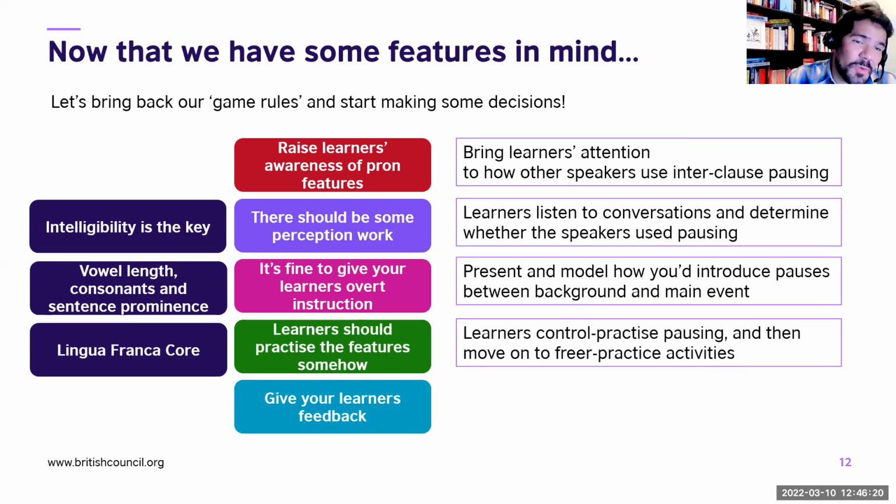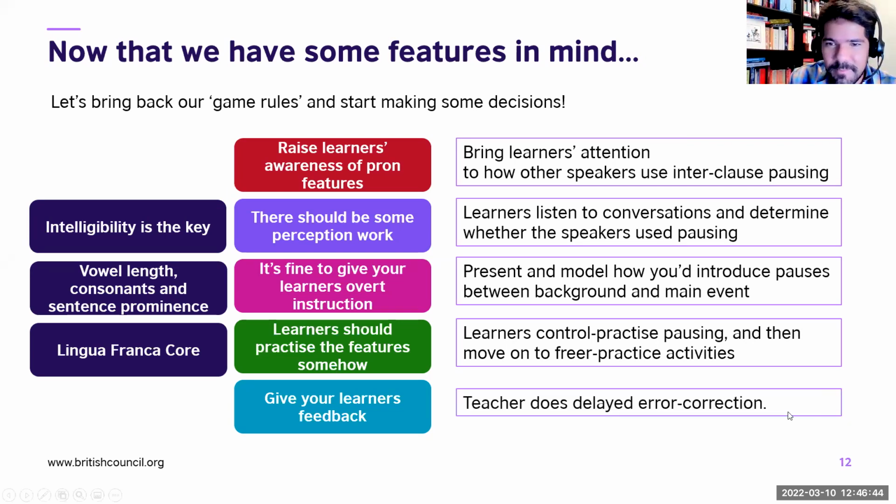Then get learners to control practice a little bit, give them a situation perhaps, or just get them to repeat the sentences, but our instinct is to try and keep it as communicative as possible, to keep the feature and the practice, even if controlled, as communicative as possible. And finally, do delayed error correction.